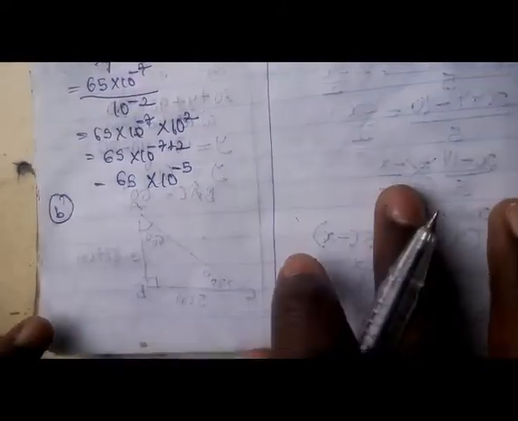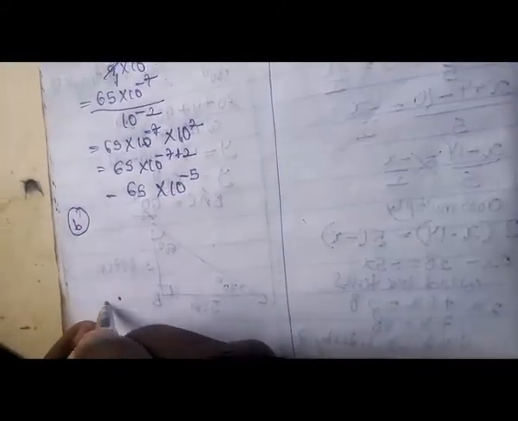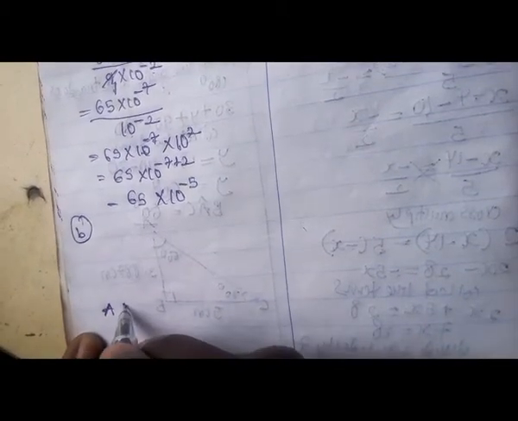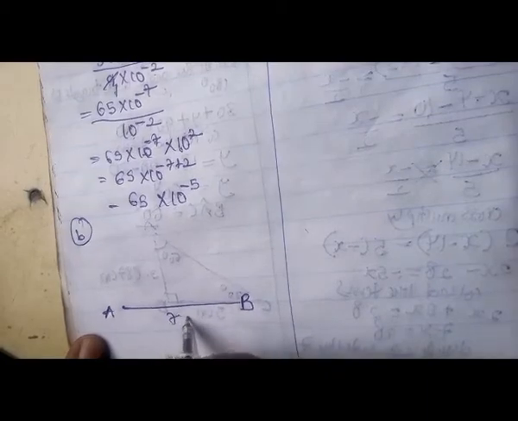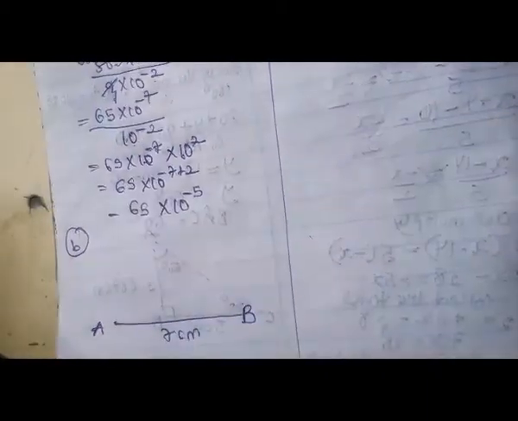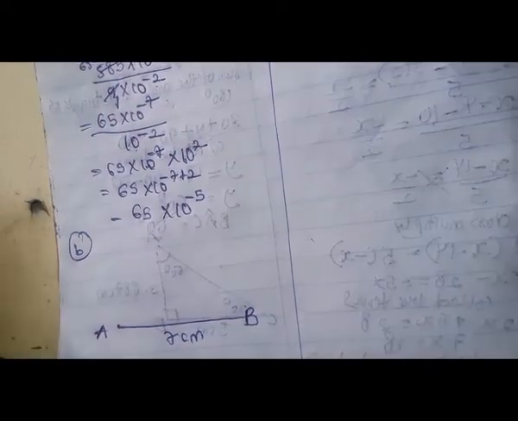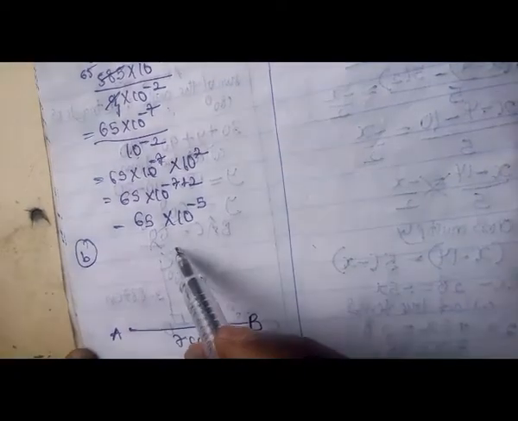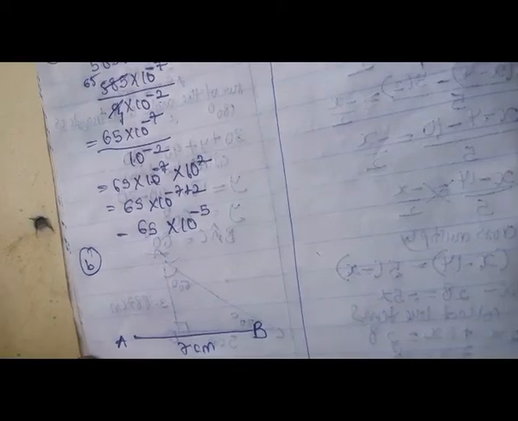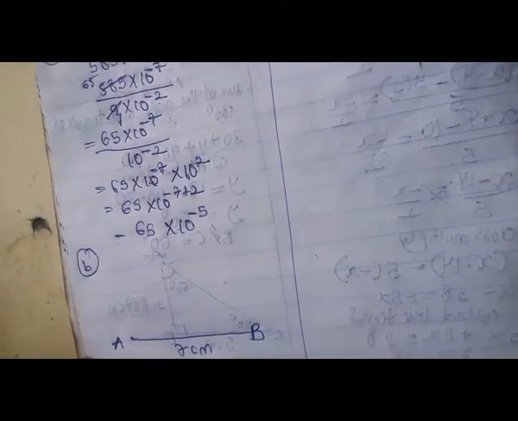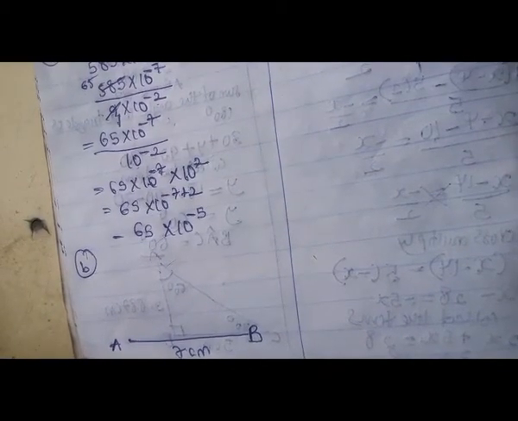Firstly, you take a point here, and we are going to measure 7 cm with your ruler. Then you can construct 60 degrees here, or you can use your protractor to draw the 60 degrees if you don't want to construct it with your compass.